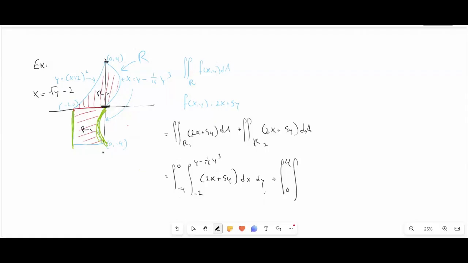Yeah, sorry. Okay, so we'll use the lower bound root y minus 2, and the upper bound is still good.